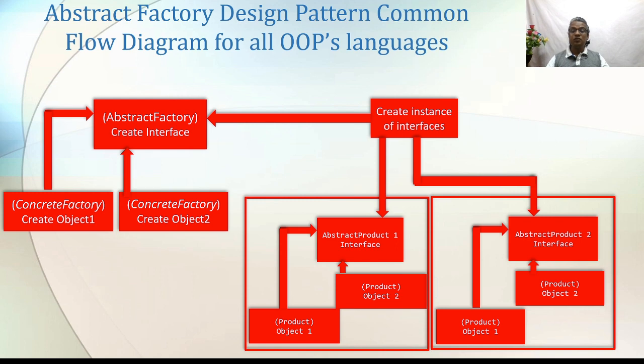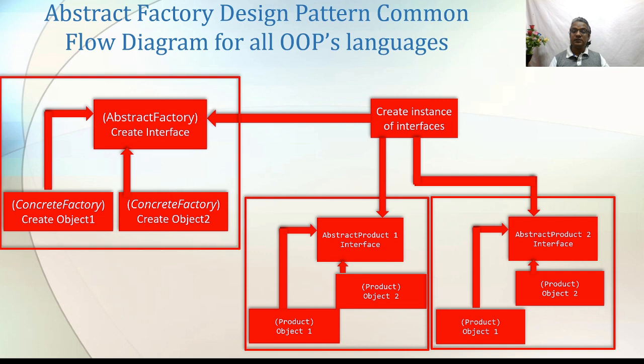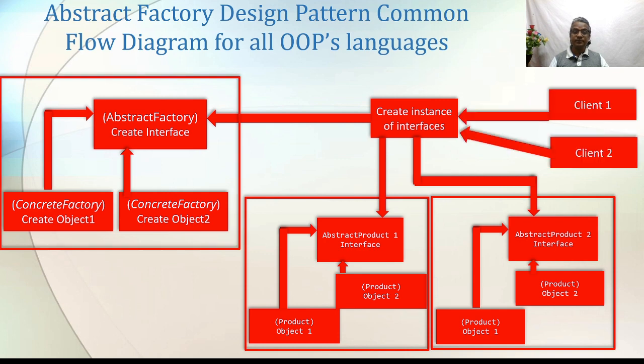Here I'm giving just two concrete factories and two products. The user can use multiple concrete factories and multiple products depending on their requirement. If there is no requirement, please don't create this kind of heavy design pattern just for learning purposes. Go to the next slide.